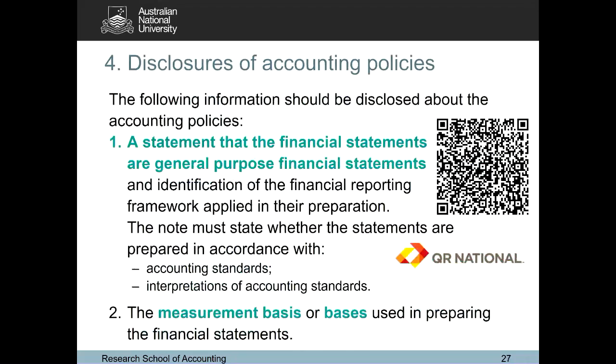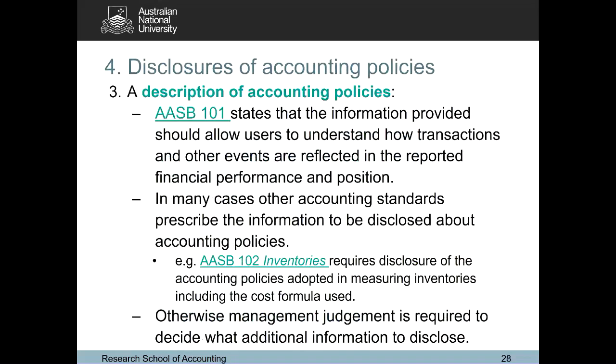But some standards may have specific requirements for some specific items, like inventory is actually regulated by a separate standard. That's why when you do the accounting policy for inventories, you will check these standards. When it has these specific standards, you should follow the specific standards. And if there are no such standards, you may have to have the management judgment. This would be for the disclosure of accounting policy.